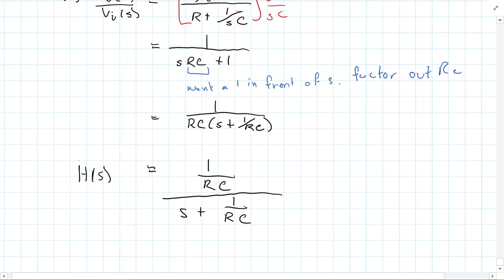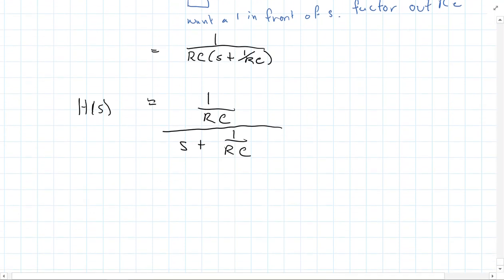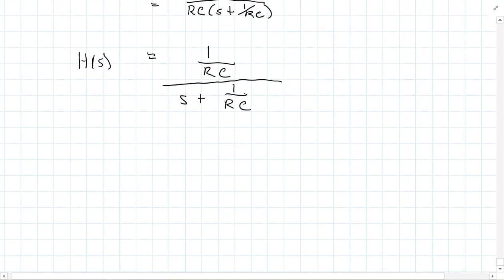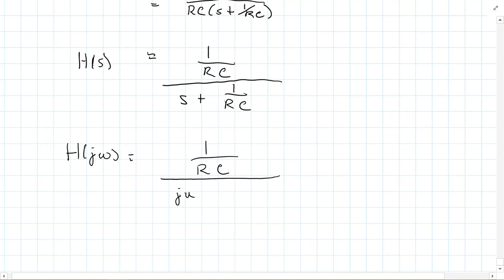In order to determine what my cutoff frequency is, I'm going to have to know what the magnitude of H of j omega is. So I'm first going to look at H of j omega. All I do for that is plug in 1 over RC, and then I have j omega plus 1 over RC.